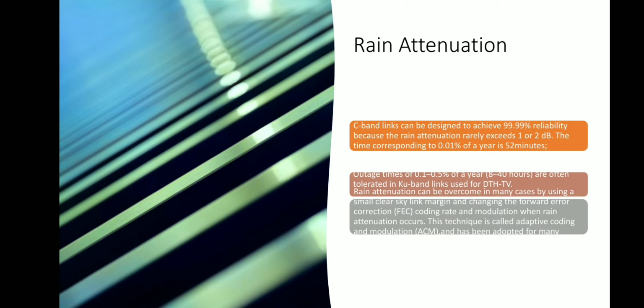Now, I just want you to relate yourselves with the value of the outages that we have for different bands. So if you see the C band, it is generally designed to achieve 99.99% reliability, because the rain attenuation at the C band is comparatively lower than the other bands, that is Ku and Ka bands. Here the rain attenuation rarely exceeds 1 to 2 dB.